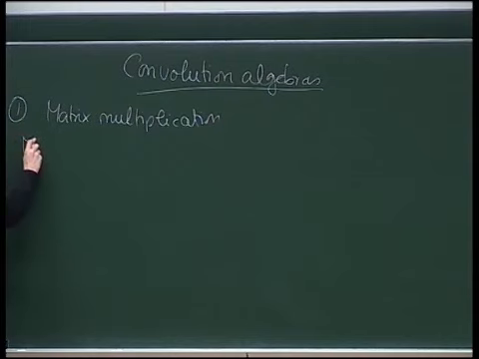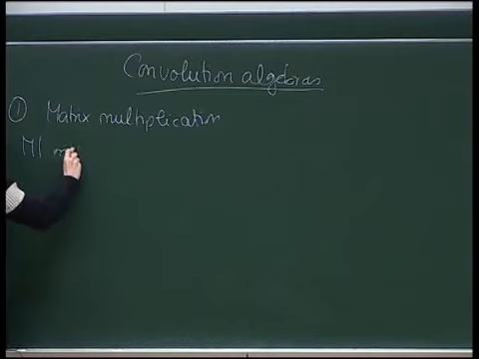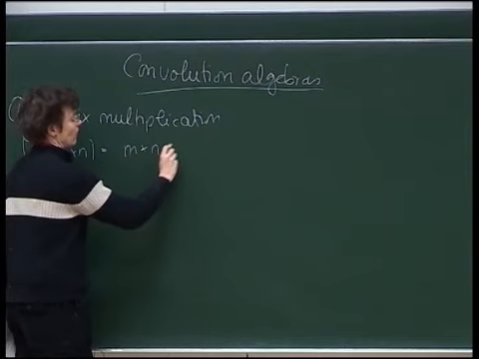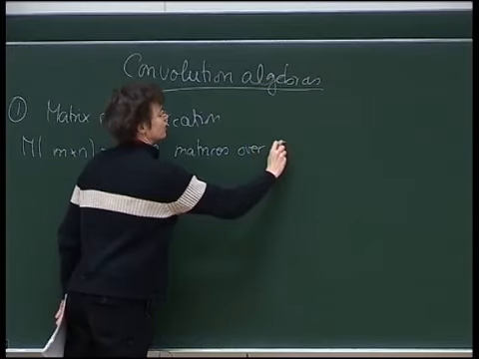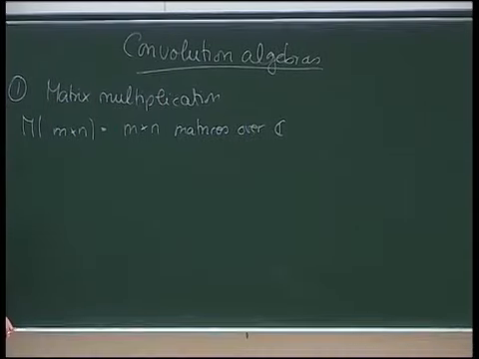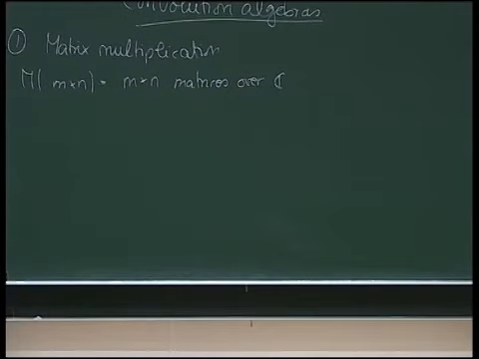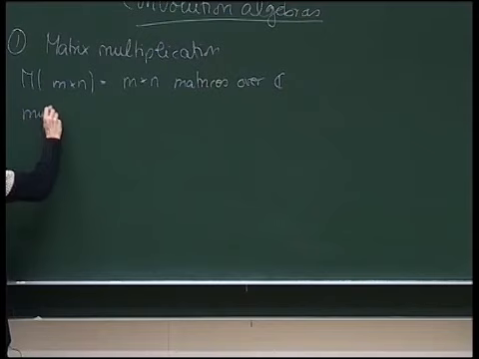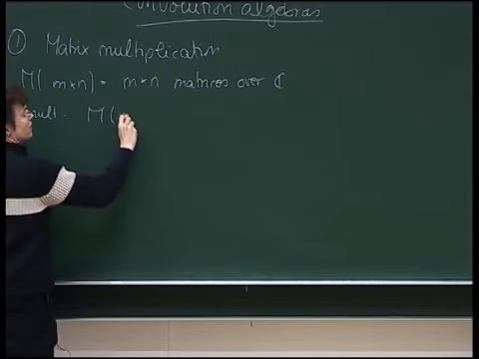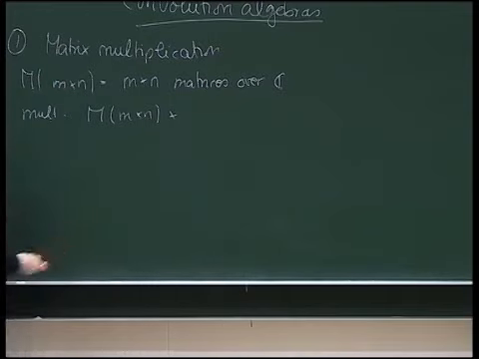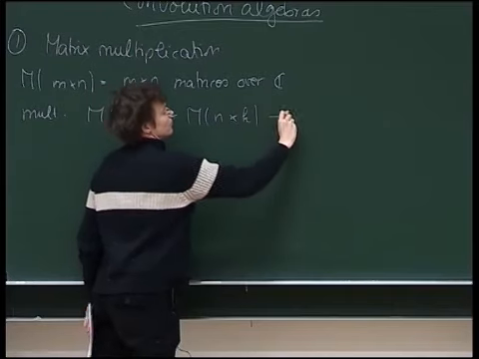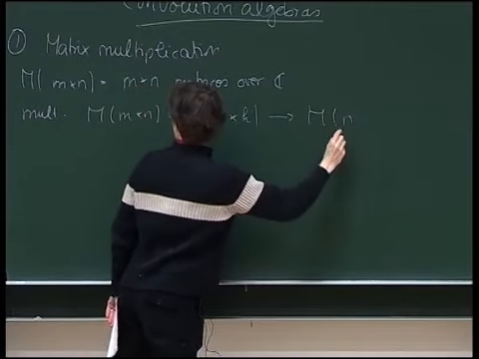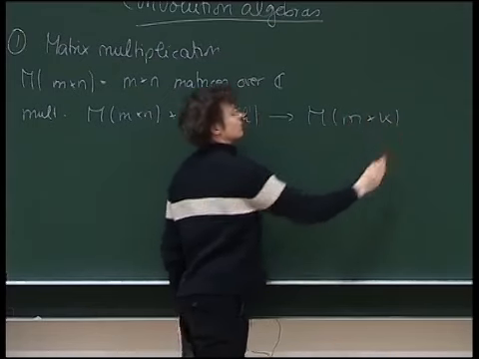Let's say m times n denotes m times n matrices, over the complex numbers. It doesn't matter really what we take there. And then we have, of course, the multiplication, which takes a matrix of size m times n and a matrix of size n times k to a matrix of size m times k.